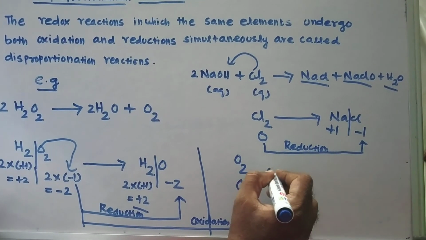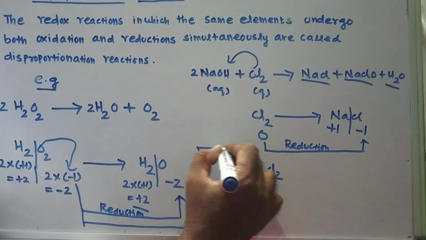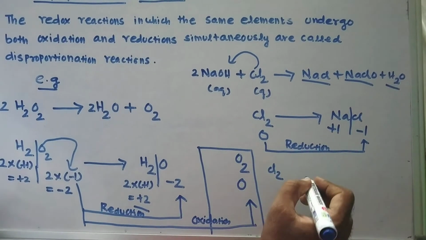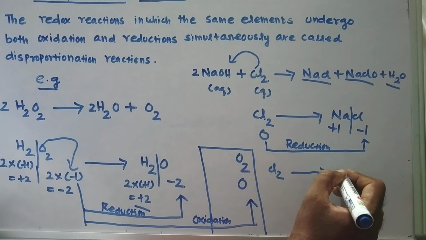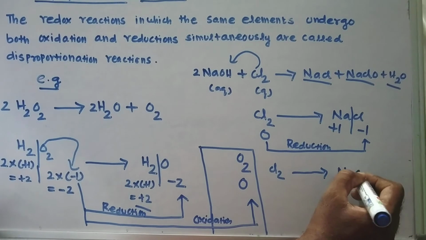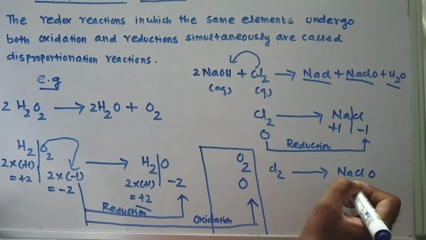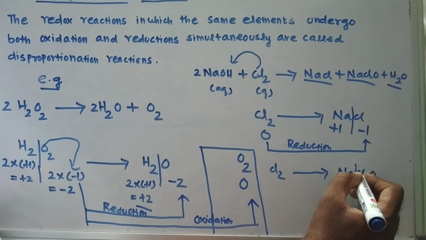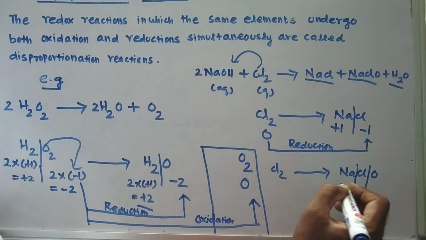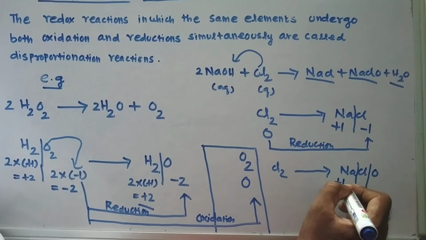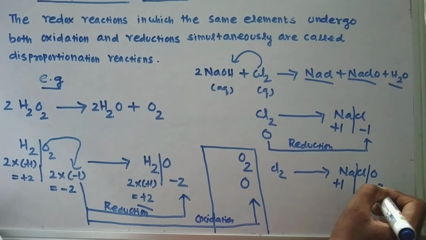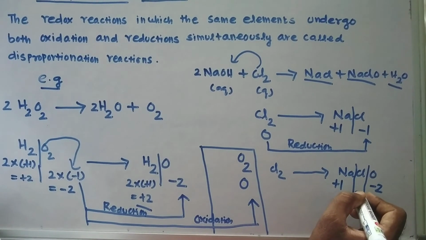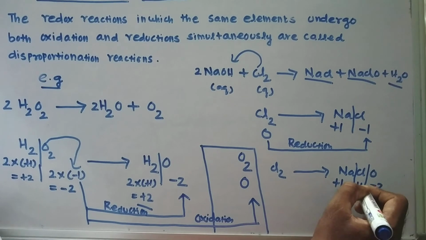And also, Cl2 becomes NaClO, sodium hypochlorite. In sodium hypochlorite, sodium is in the state of +1, oxygen in the state of -2. So, to balance -2, chlorine is in the state of +1.